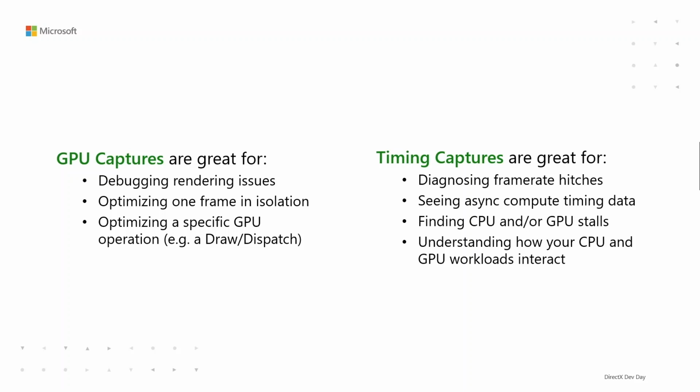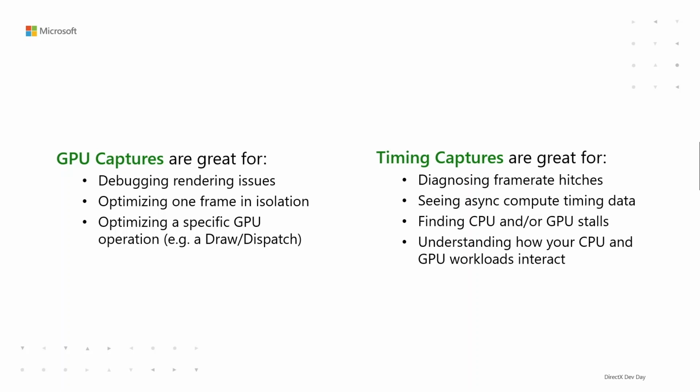But GPU captures, they also offer a variety of performance optimization features to help you, say, understand why your frame is taking longer than you expected. These same features, they can also be used to understand why specific GPU operations are slower than you expected as well. I'll show you more about that later.